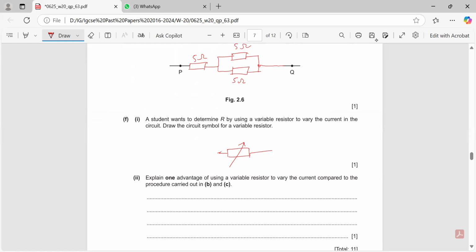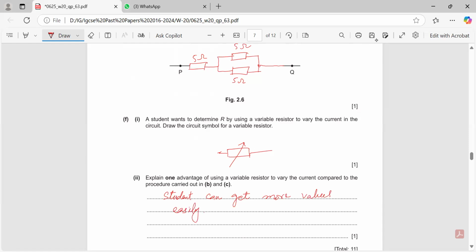So here we can say the student can get more values easily.